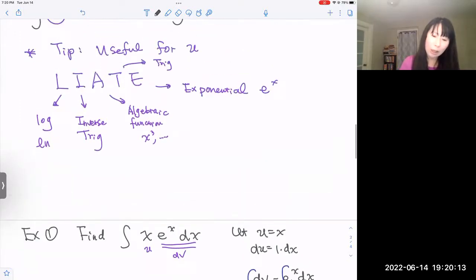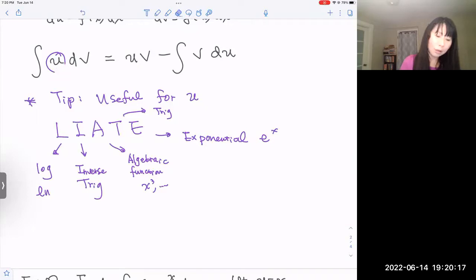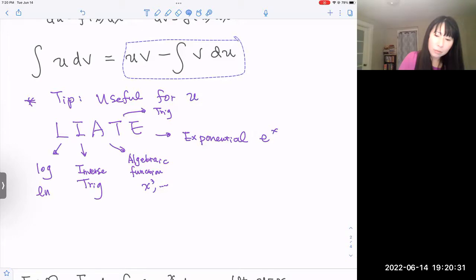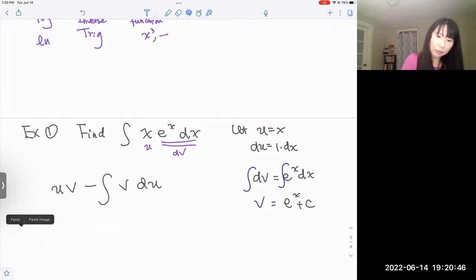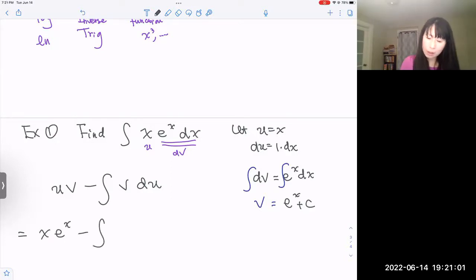Then we are following the formula. We have u, which is x, v, which is e to the x, minus integral of v, which is e to the x, du equal to dx, right?